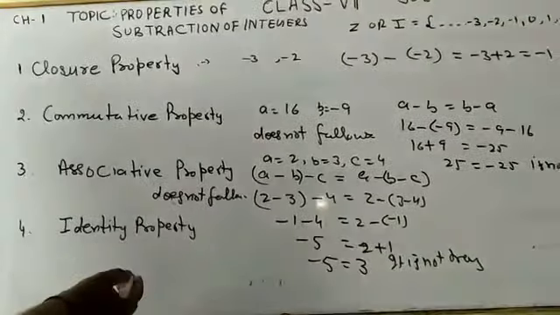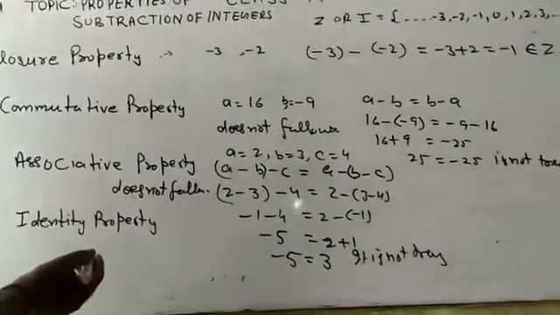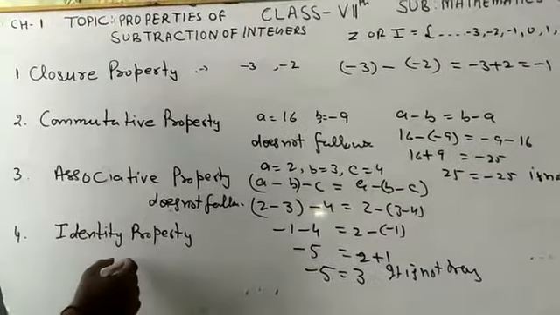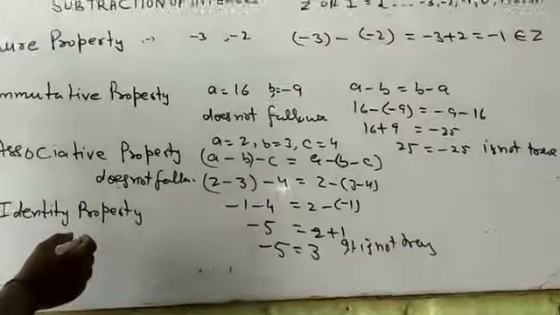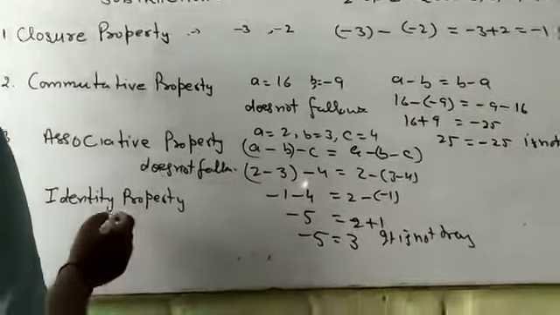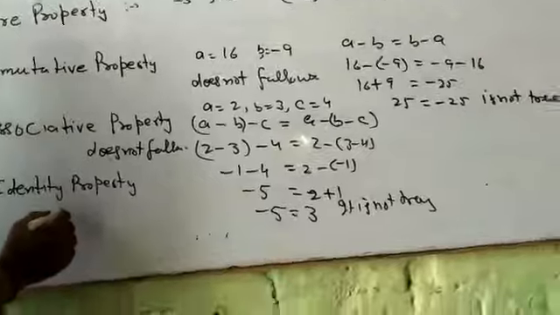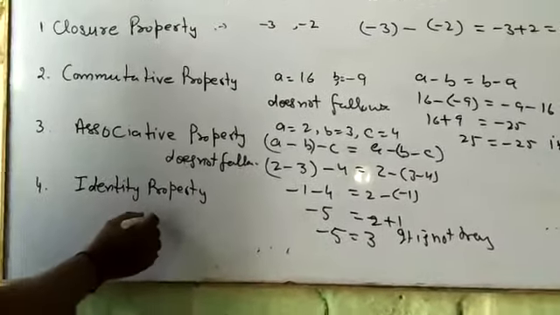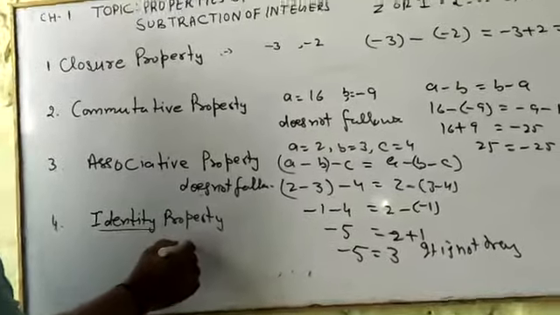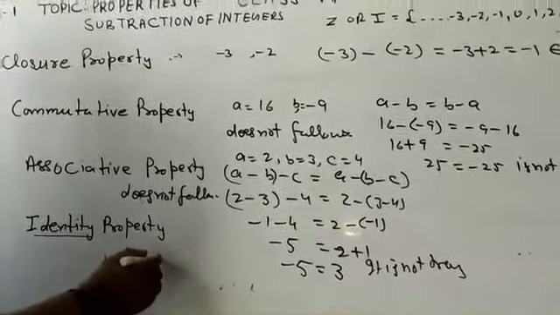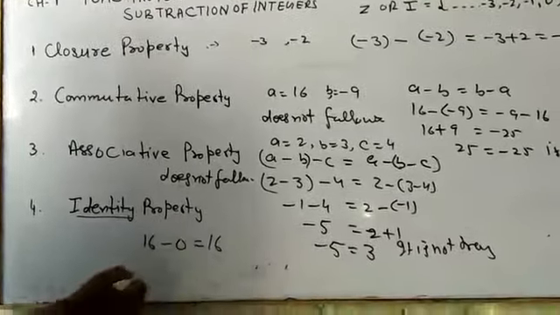And for the identity property, we know that if we subtract 0 from any integer, the result is also an integer. We take any integer, that is 16, and as identity we take 0. So 16 minus 0 is equal to 16.